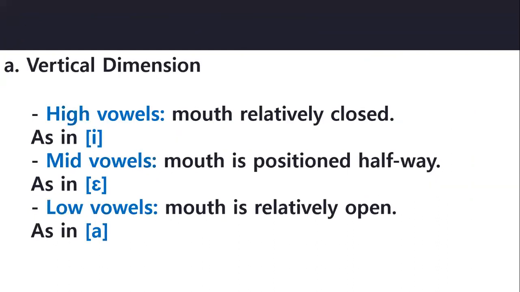Starting with the vertical dimension, we have high vowels where the mouth is relatively closed, as in E. Mid vowels where the mouth is positioned halfway, as in E. And then low vowels where the mouth is relatively open, as in A.